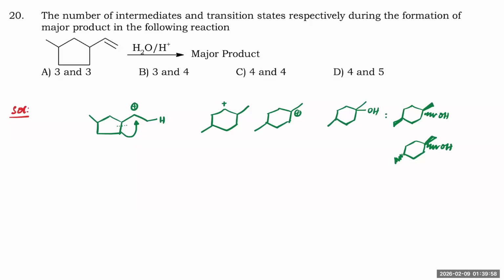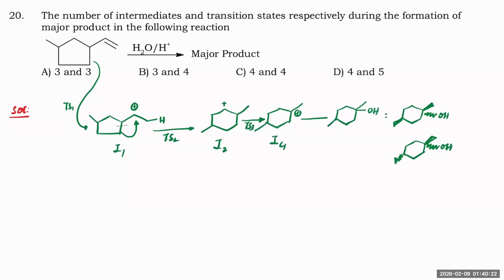Now, if I go across, first from here to here, this is the first transition state. So from here to here, TS1, and this is intermediate 1. Again, here it is TS2, intermediate 2. Got it? This is intermediate 2. So from here to here, this is TS3 and intermediate 3.